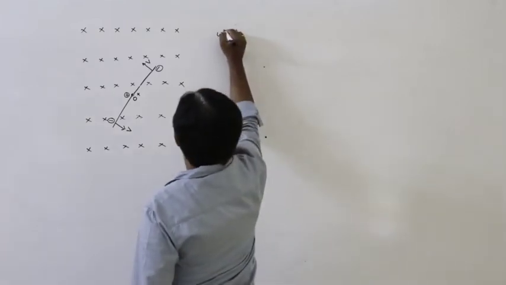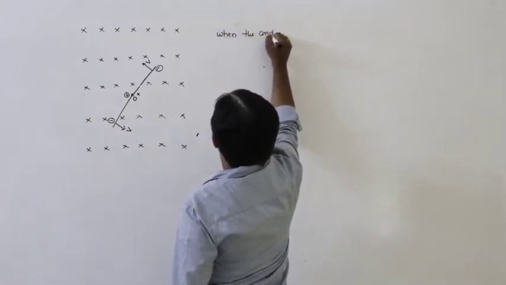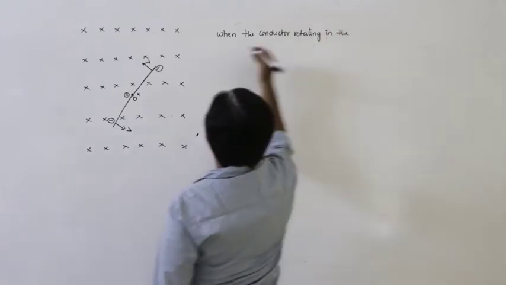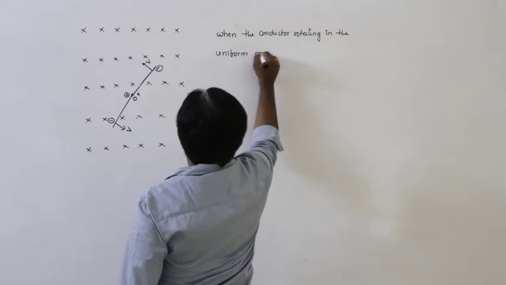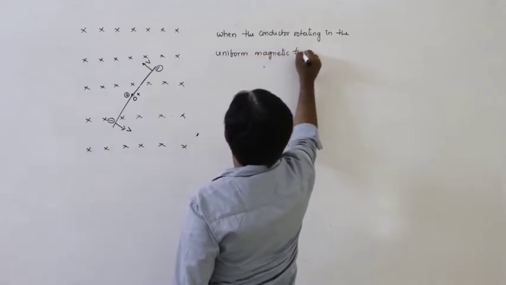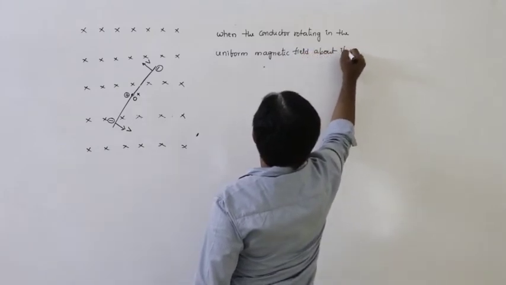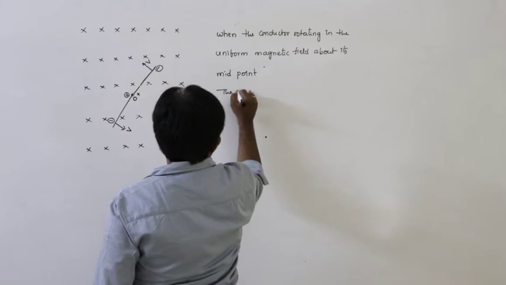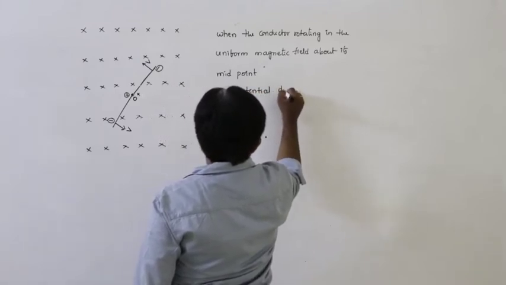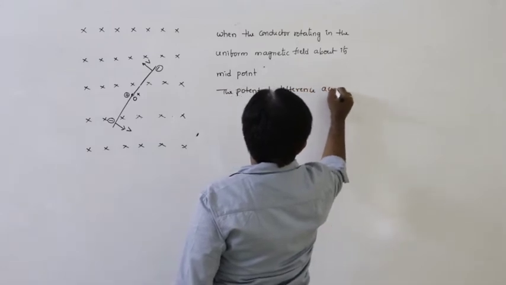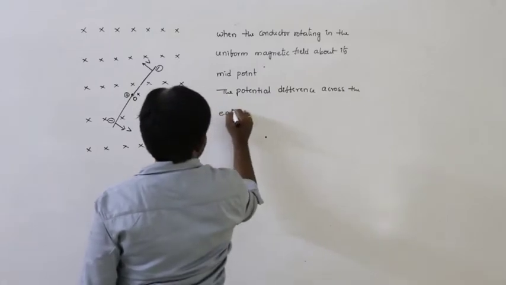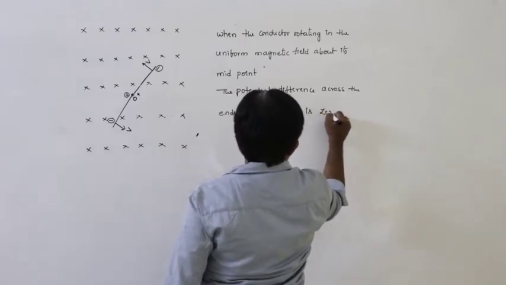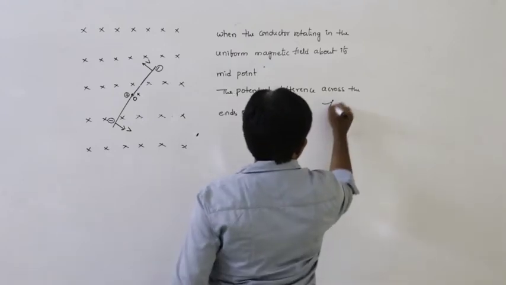So here the condition is, when the conductor is rotating in a uniform magnetic field about its midpoint, the potential difference across the ends of the conductor is zero.